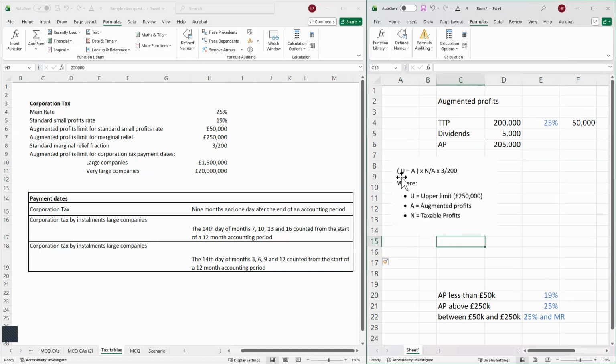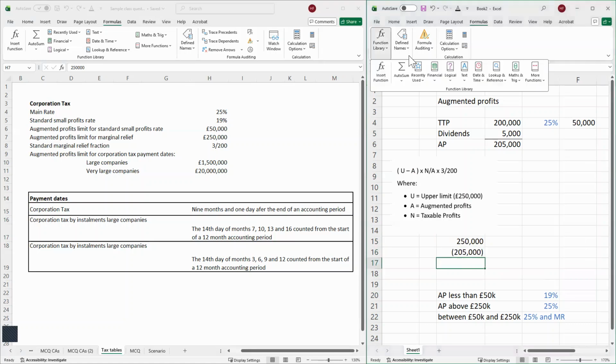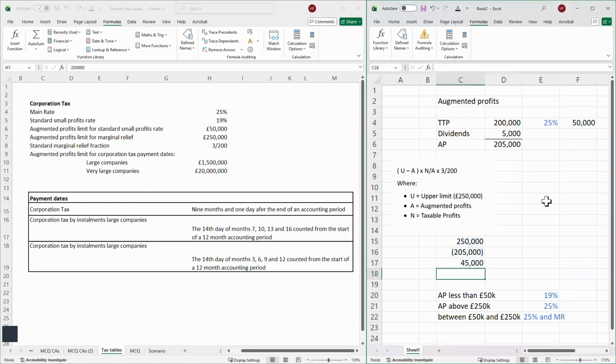We know we need to take the upper limit, which is 250,000. We then need to deduct the augmented profits, which we know are 205,000. So we take off 205,000, and that gives us £45,000. And then we need to multiply by taxable profits over the augmented profits.